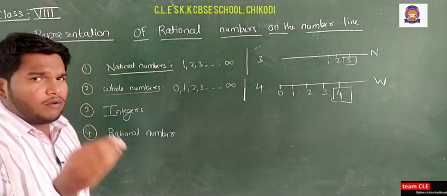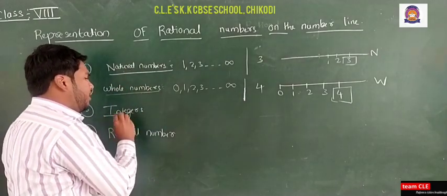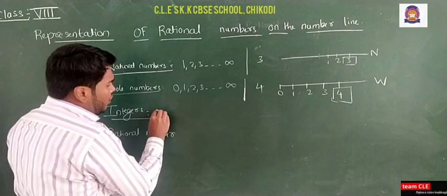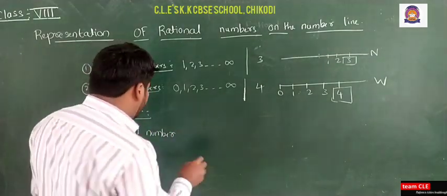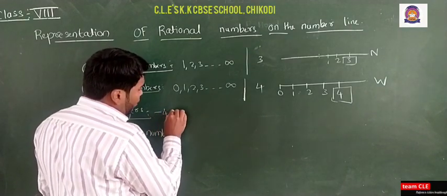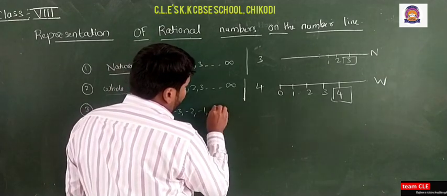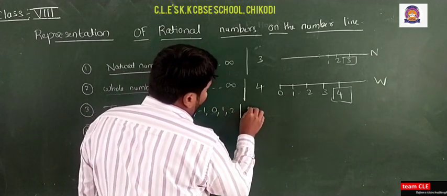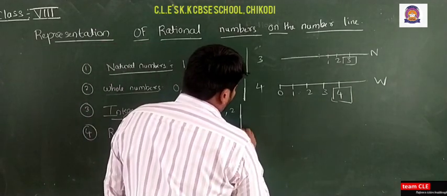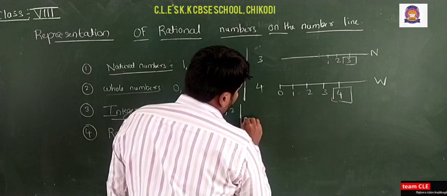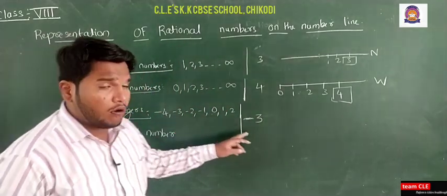I am choosing one example each from natural numbers, whole numbers and integers. Integers means the numbers which are negative and positive along with 0, that is ..., -4, -3, -2, -1, 0, 1, 2, and so on. These are integers, denoted by Z. I want to plot -3 on the number line.